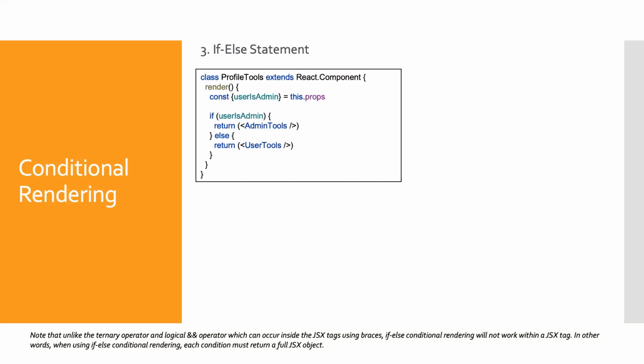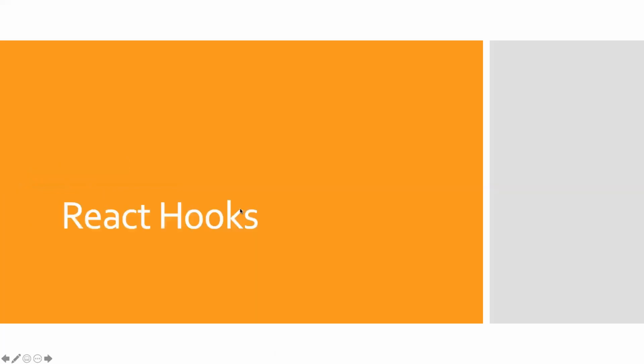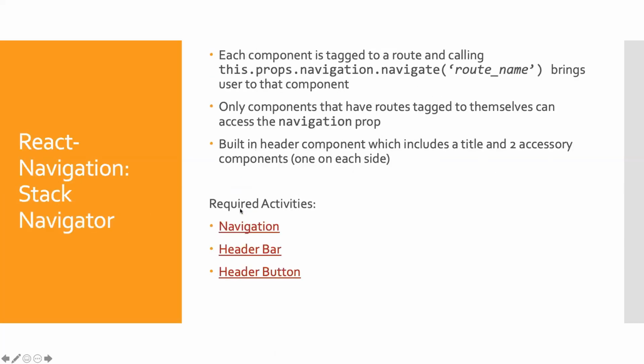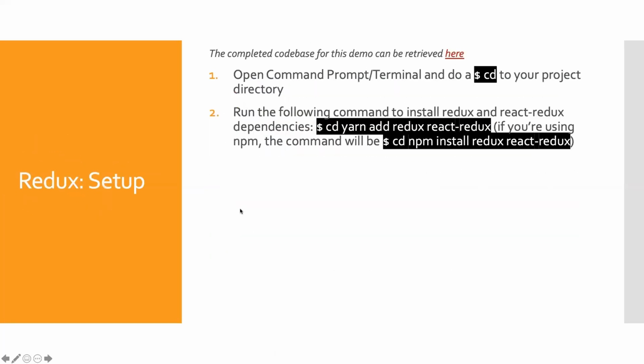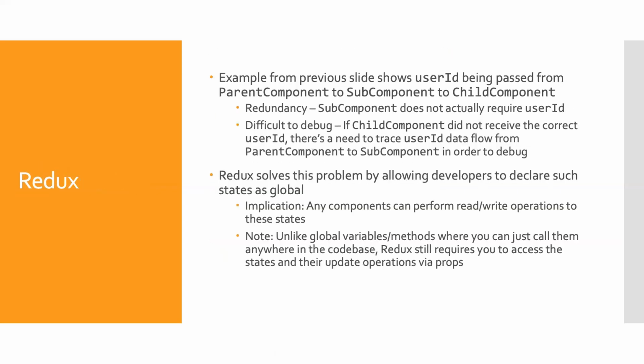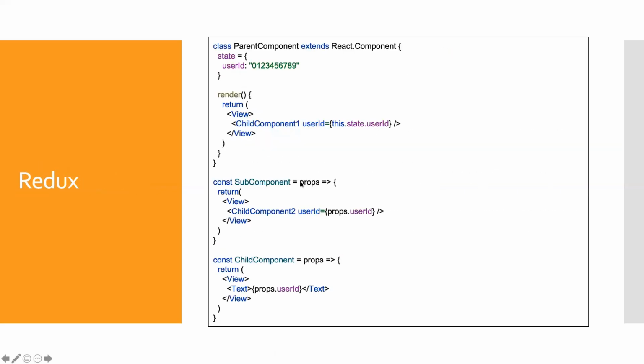So what this means is that, let me see if I can find an example in this slide. Okay, so you see in this case, right? For child component one, userId equals this.state.id. So in this case, I'm saying that child component one has a prop called userId, right?